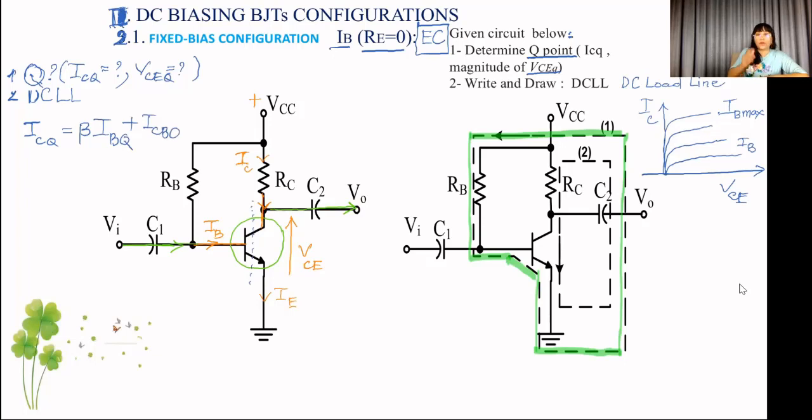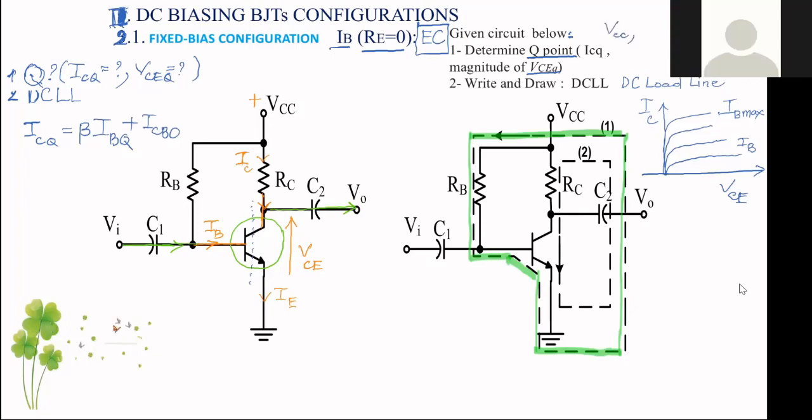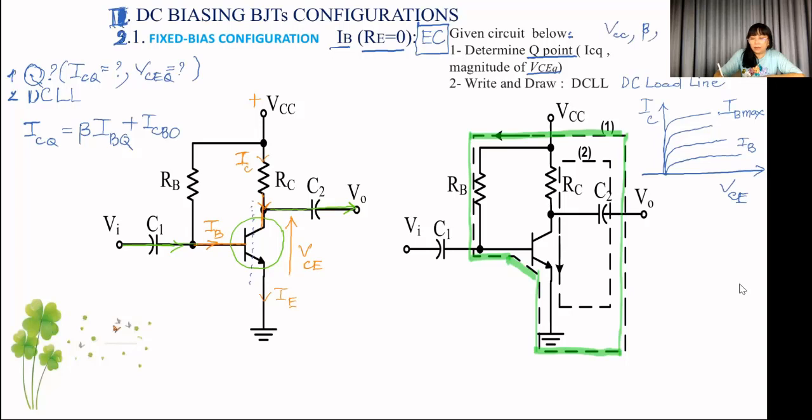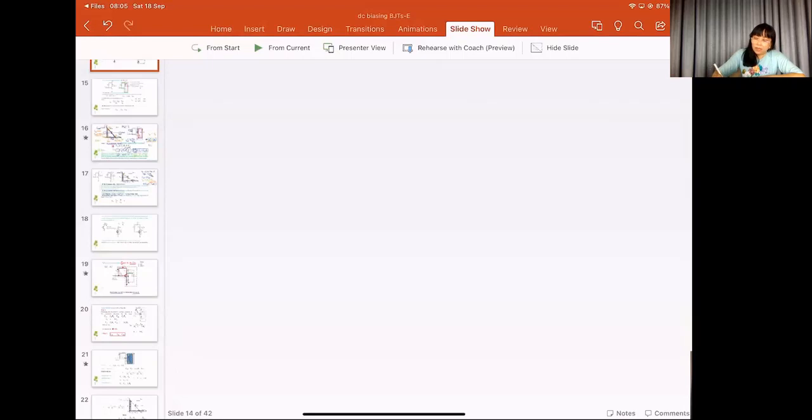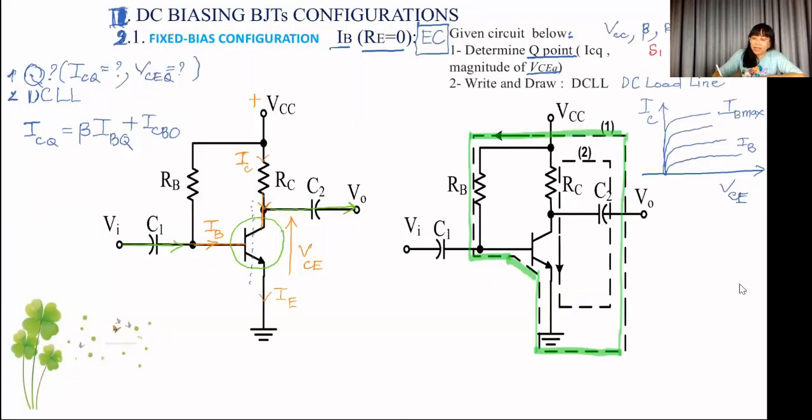You should remember. We have the values given below. Of course, they give the beta, the value of RC, and the circuit is made from the silicon PN junction, right? And this is all given, and we have this equation.